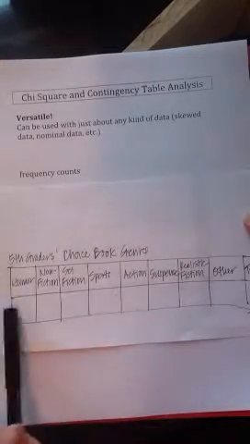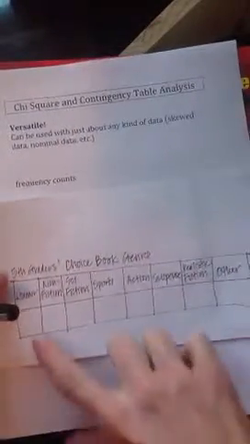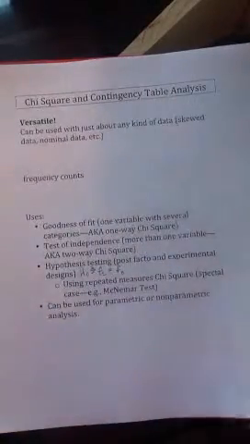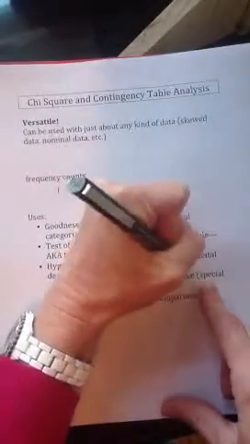So in other words, in our example here, I would look at what I would expect to see in each of these categories and compare that to what I actually see, my observed or actual frequency counts in each of these categories. I'll talk to you a little bit more about how we figure out what the expected frequencies are in another video. And then the alternate hypothesis here is simply that the frequency that's expected is not equal to the actual or observed frequency.